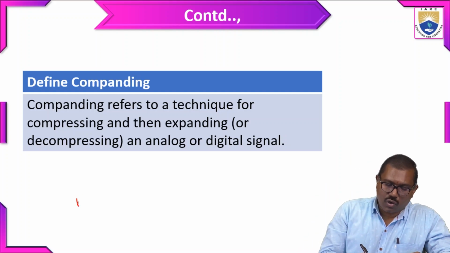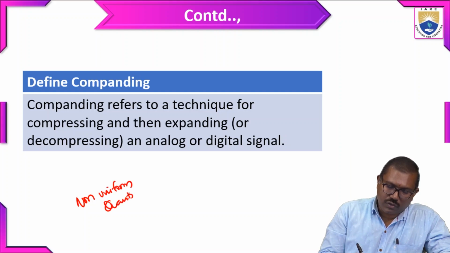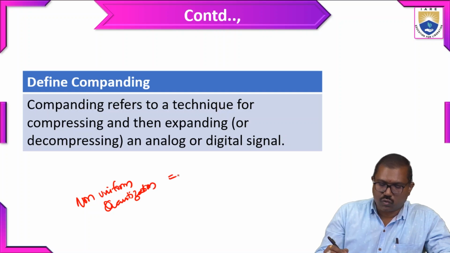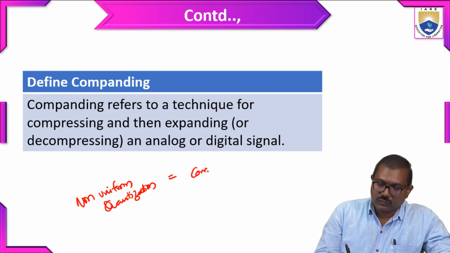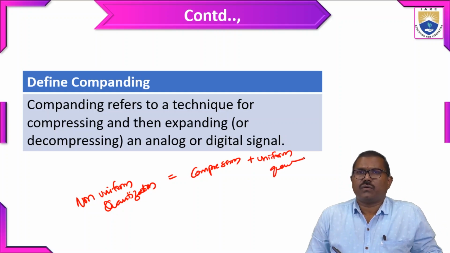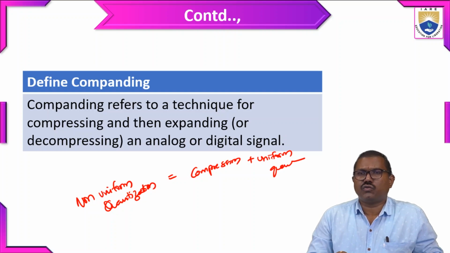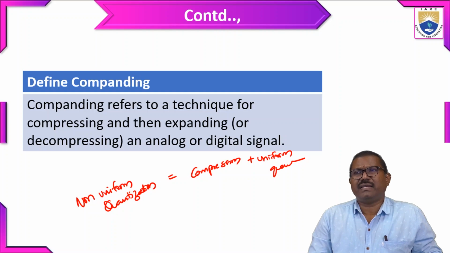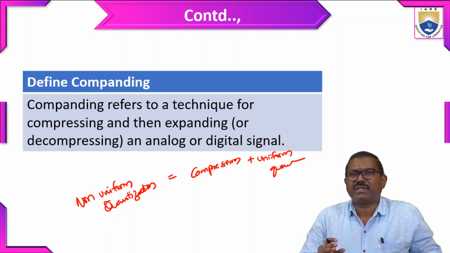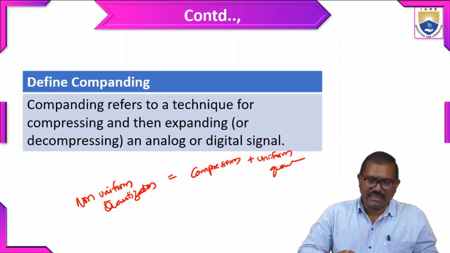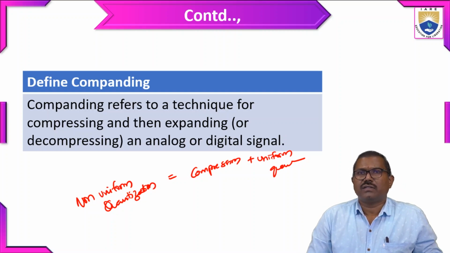So non-uniform quantization is equal to compression plus uniform quantization. First you compress the signal and then apply this compressed signal to the uniform quantizer, then it acts as non-uniform quantization. So here we have a compressor.